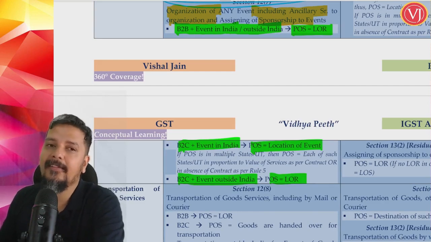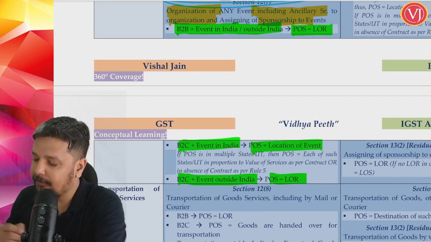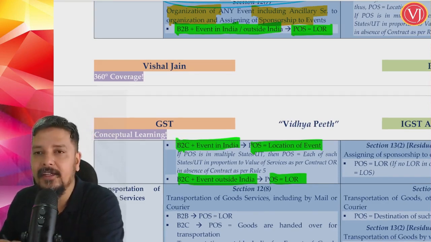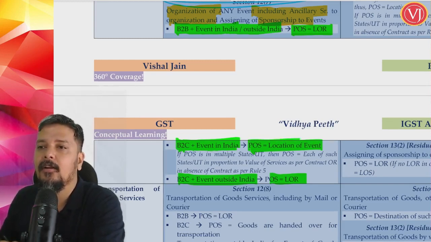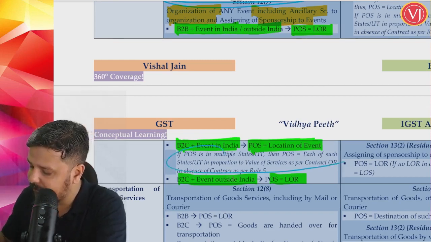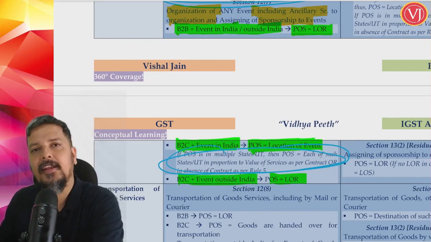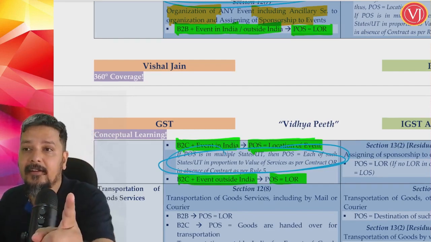But in one place, they do realize the fact that the answer can be multiple places. When it is B2C and the event is in India, where place of supply is location of the event, there they tell that okay, if it is multiple states, then we'll have a particular thing that was not there for admission, by the way.